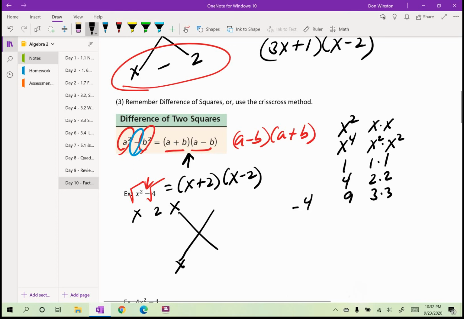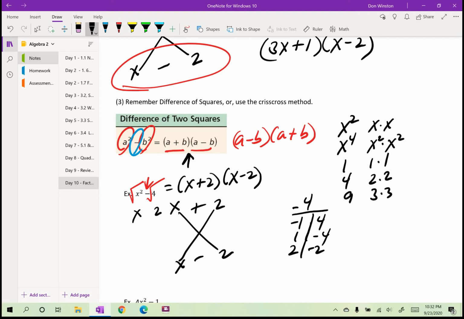But for negative 4, you have these possibilities: negative 1 and 4, or 1 and negative 4, or 2 and negative 2. So the only possibility, you want to get 0, right? Because you don't have a b term. That b term is 0. So you want to find a pair of factors of negative 4 that adds up to 0. Well, it's only one pair, 2 and negative 2. So it's plus 2 minus 2. Crisscross method will give it to you too.